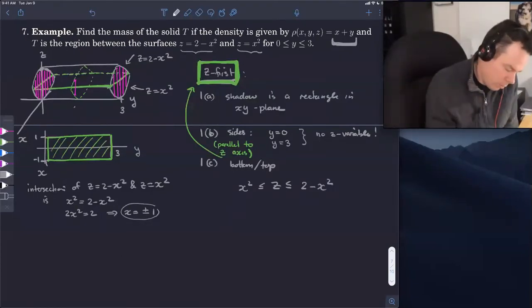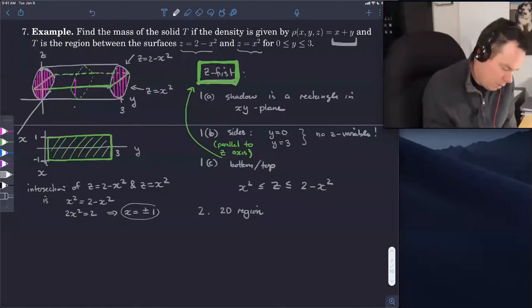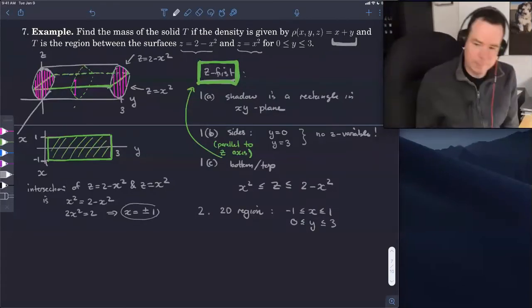And so there's our bottom top. And then our question number 2 is about our 2D region. And our 2D region consists of the rectangle, which has values x between -1 and 1, and y between 0 and 3.